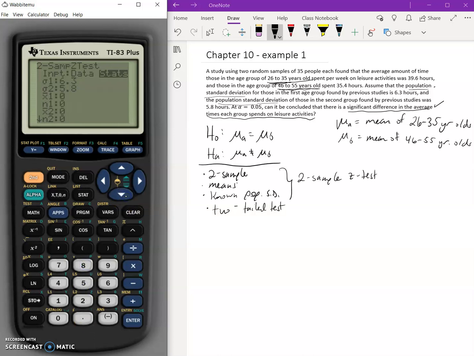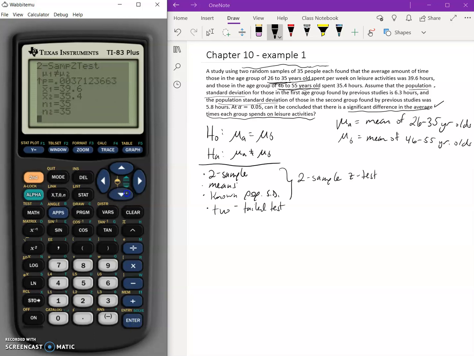We have our first sample mean, 39.6, and our total number of people. We had 2 random samples of 35 people each, so both of them have 35 people. The mean of the second group is 35.4, and the next is 35. Now for our alternative hypothesis, we see they're not equal, so we choose that one. We scroll down and choose calculate.